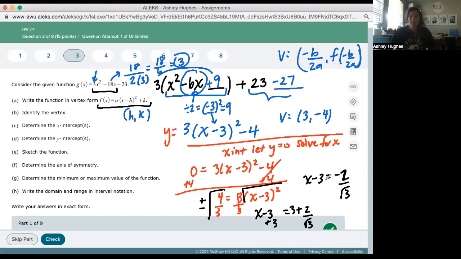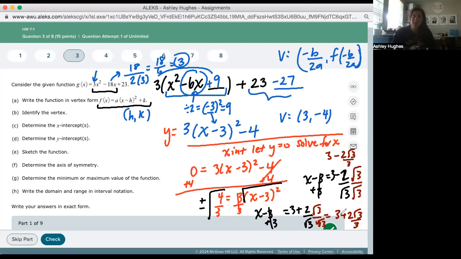So it'll be 3 plus that and 3 minus that. Okay, so this is the x coordinate. You could also rationalize the denominator, which would be multiplying by √3 over √3. If I do that, I would get 3 minus 2√3 over 3. And this one would be 3 plus 2√3 over 3.